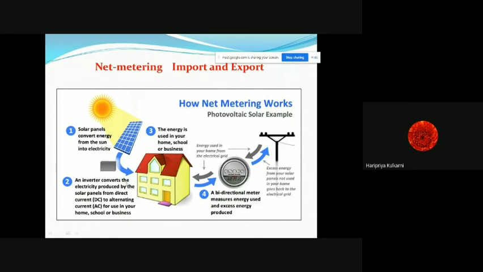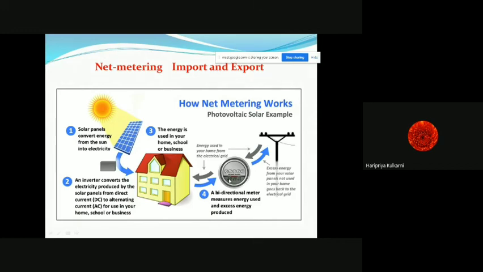So we are using the power at home, for whatever AC appliances we connect. Then, if we have excess power, we give it to the grid using a bidirectional meter. Nowadays, it is called net metering. Normally, when we do not generate any power, the meter is unidirectional.